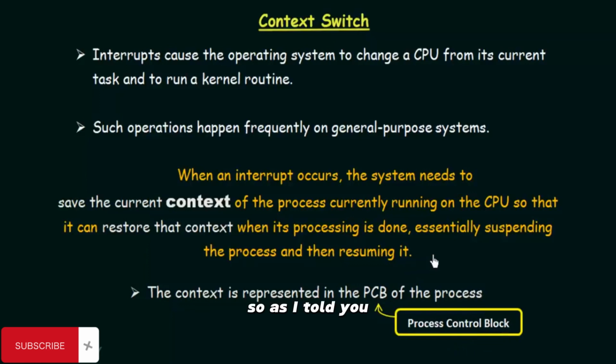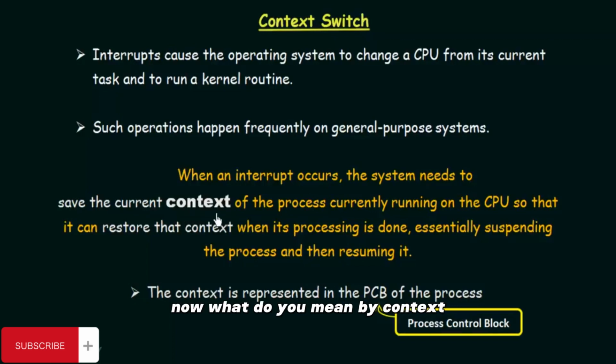As I told you, when a process is running and an interrupt occurs, that process has to stop its execution, and then the process causing the interrupt has to be executed first. So the currently running process needs to save its context.